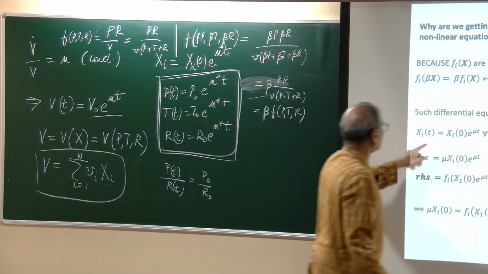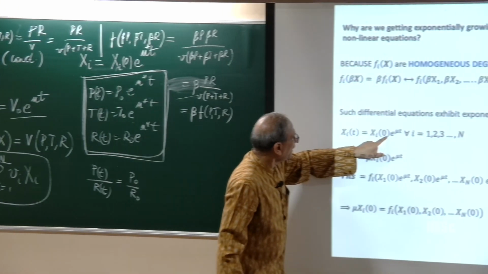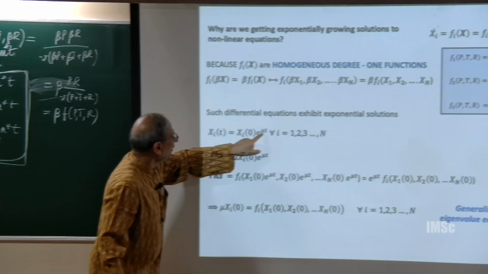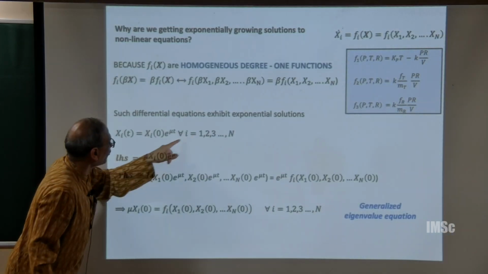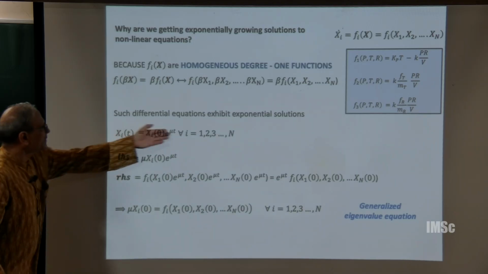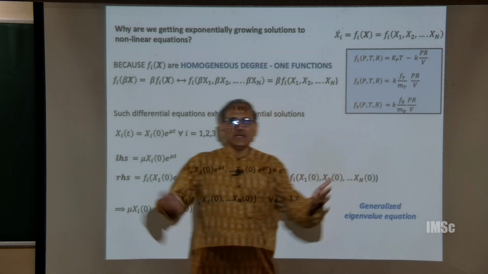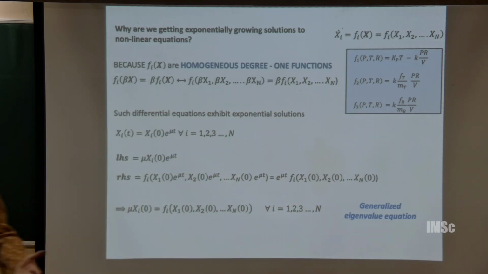Let's substitute this ansatz in which xi of t is xi of 0 times e to the mu t, where this mu is the same for all i. Okay, the same mu for all i. Let's substitute this ansatz into this equation and see whether it's going to be a solution or not. Okay, let's check, and you can do that.